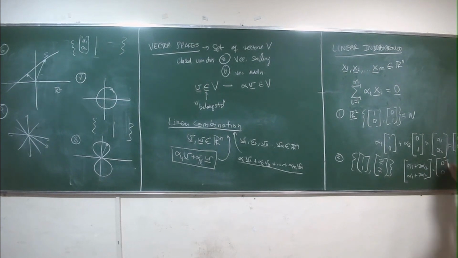Now the question is, when will this give me 0, 0? Obviously, if you put zeros for all alphas, it will give you 0. But that's not enough. If there are other possible values of alpha 1 and alpha 2 that will also give me 0, 0, then it's a problem.